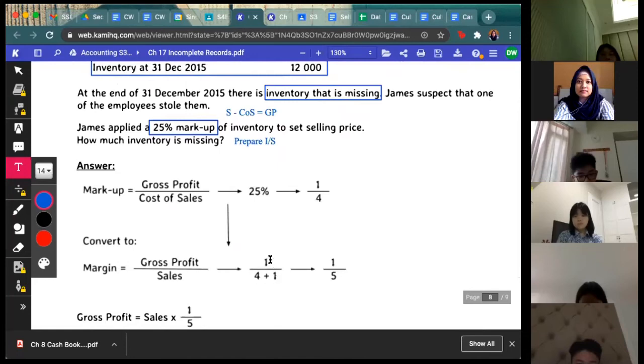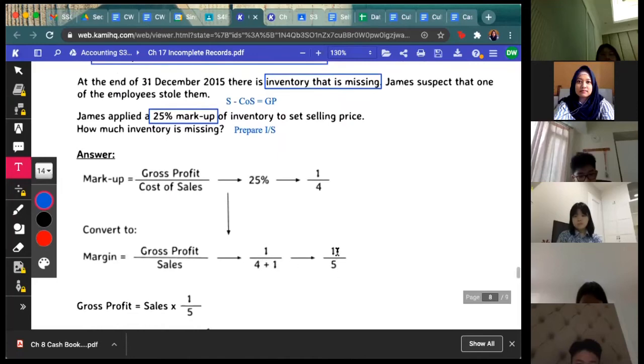It depends on whatever is on the top. If the top is 2, then you must add 4 with 2. So 1 over 4 plus 1 equals 1 over 5. Now we know that sales is 5 and GP is 1.